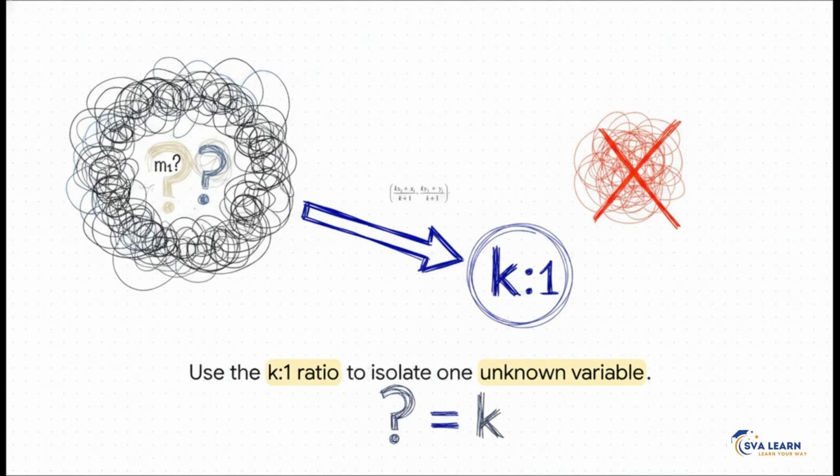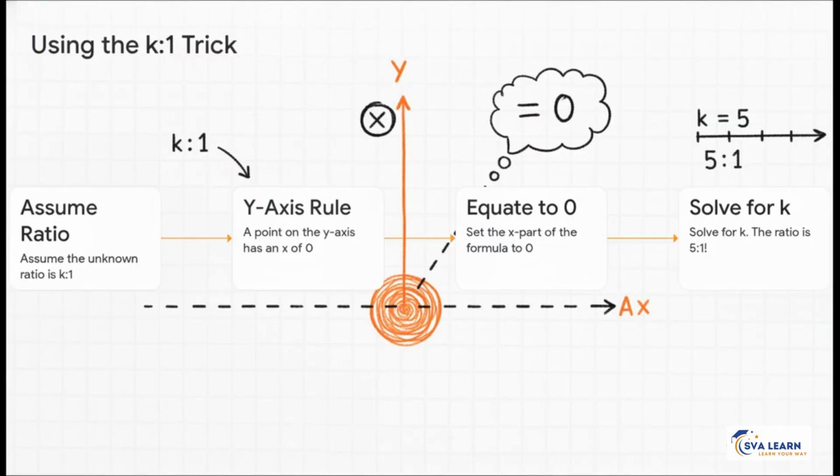Juggling two unknowns is really tough. So your textbook introduces a literal genius hack. Instead of an m1 to m2 ratio, we just assume the ratio is k:1. By locking that second part of the ratio at 1, we squash our math problem down to just one easy unknown variable, k. Let's actually test this trick on example 9.